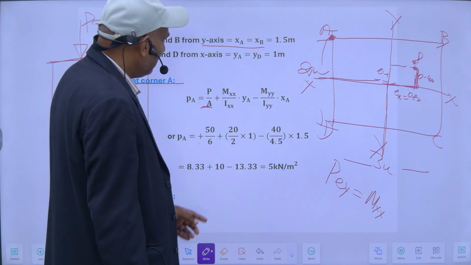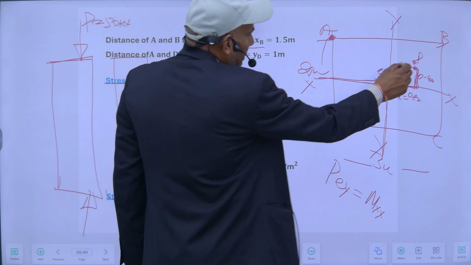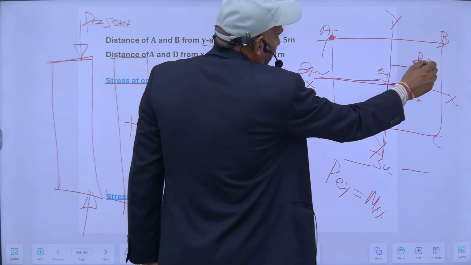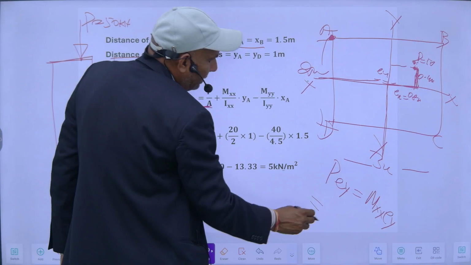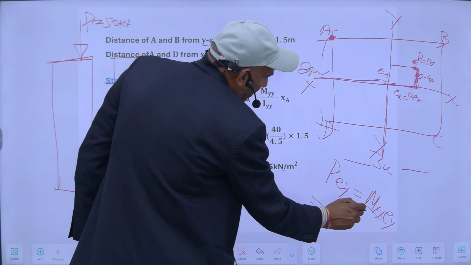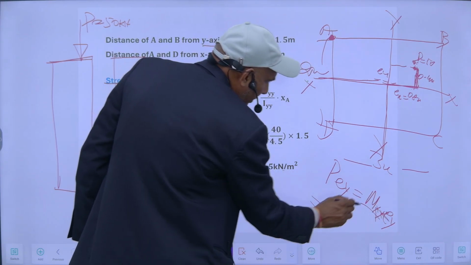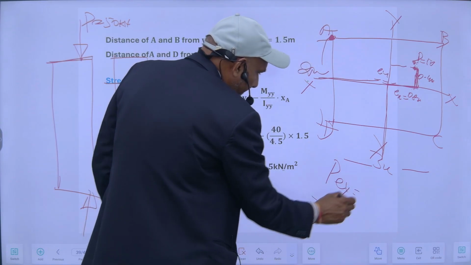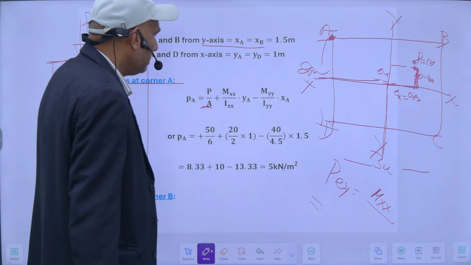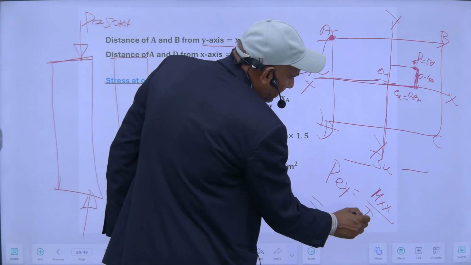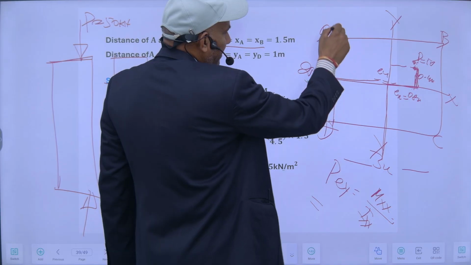So my Mx is equal to this load, which is 50 kilonewton, into this Ey. So Mx upon Ix into this much distance.